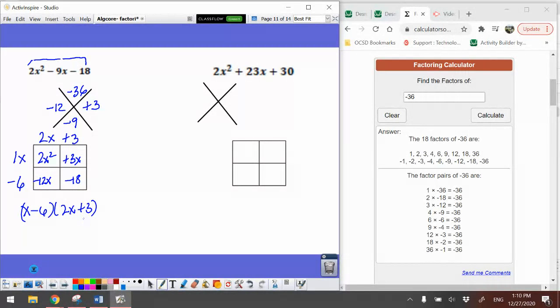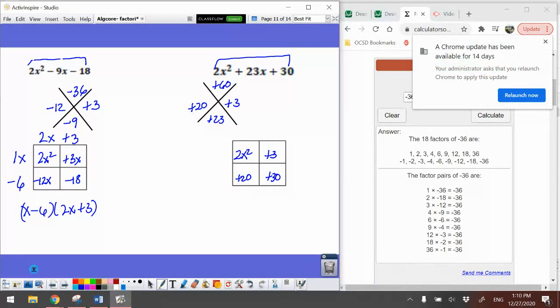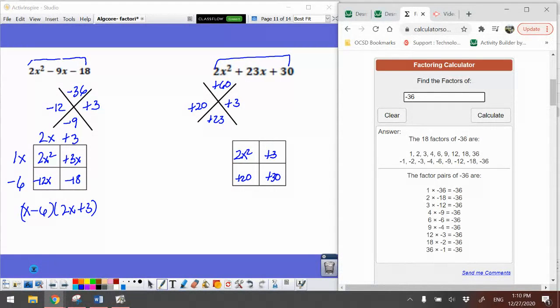All right, trying this next one. 2 times 30 is positive 60 and positive 23. So that one is really easy. That's 20 times 3. That's going to give me 23. So 2x squared, my 30, I have a 20, and I have a 3. And let's throw our x's in there.